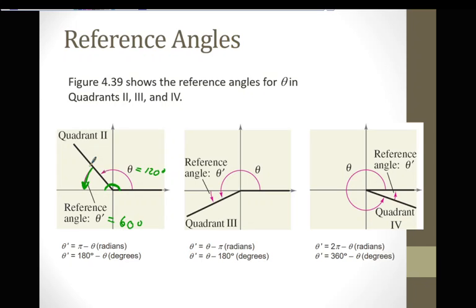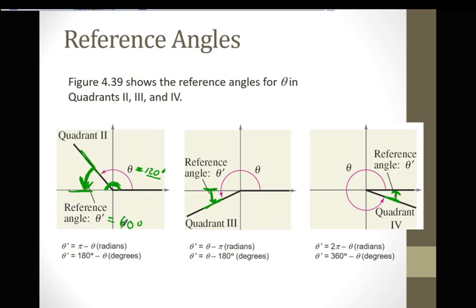Okay? So in quadrant 2, like we said, this distance from the terminal side to the x-axis is our reference angle. In the third quadrant, our reference angle is this angle. How far is it from this x-axis to this terminal side? Or in quadrant 4, this is our terminal side, and this little piece here is our reference angle. And these are the equations we use. Just like what we did here, this whole thing is 180 degrees.